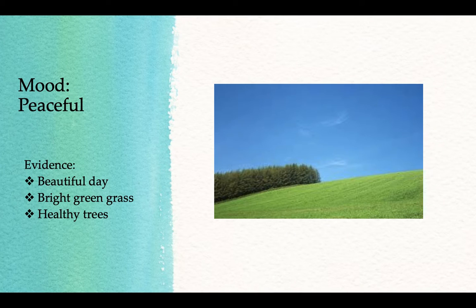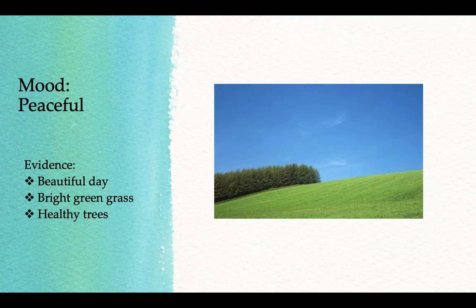And the mood that I'm going to use the word is peaceful. I have evidence of that peaceful mood, though. It's a beautiful day. There's barely a wisp of a cloud in the sky. You've got bright green grass. Everything looks very healthy. It just looks very calm. So there's another word choice I could have used, peaceful or calm.